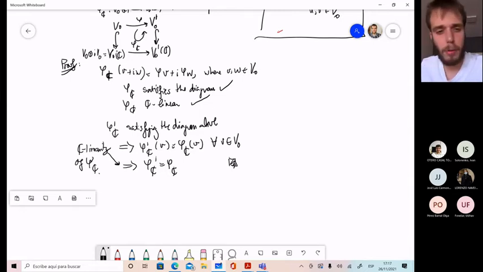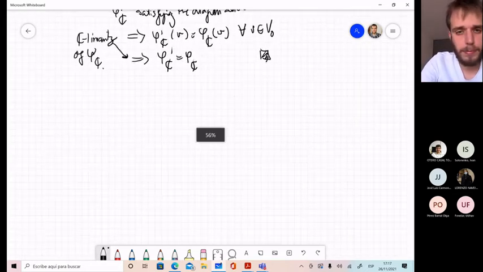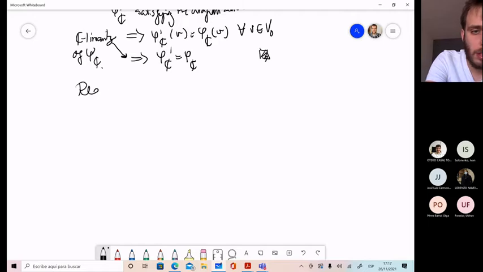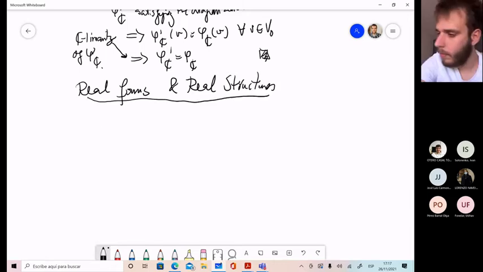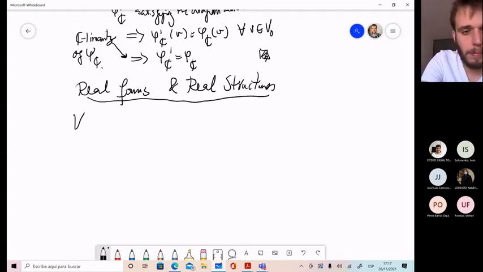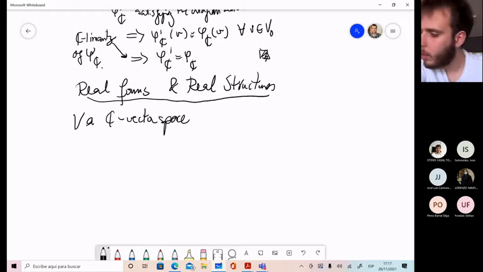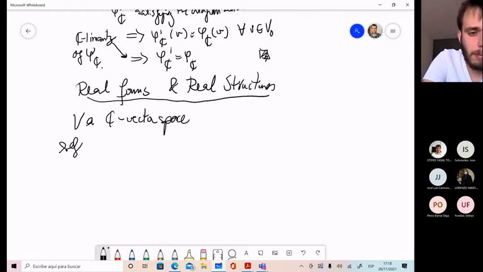Okay, so yeah, I will continue with real forms and real structures. So now you start with an arbitrary complex vector space V. And yeah, I'm going to define what is a real form.